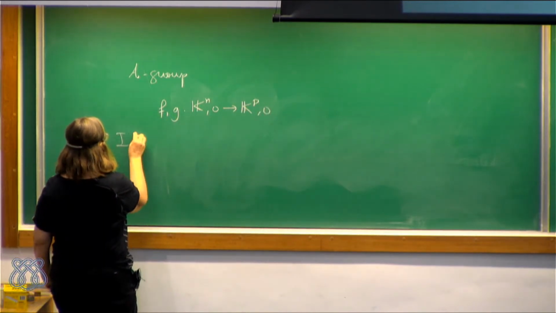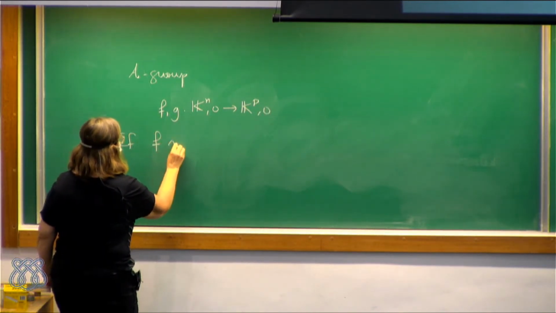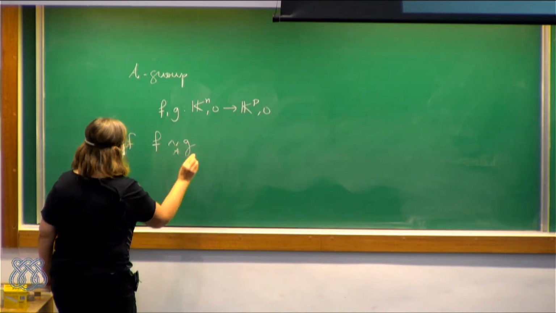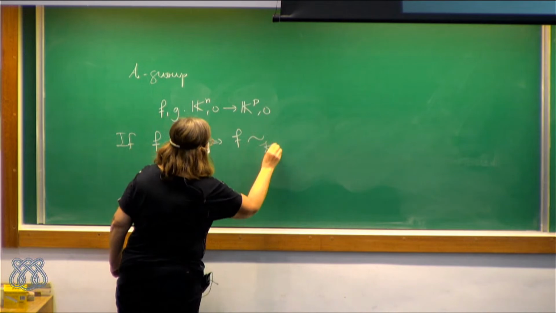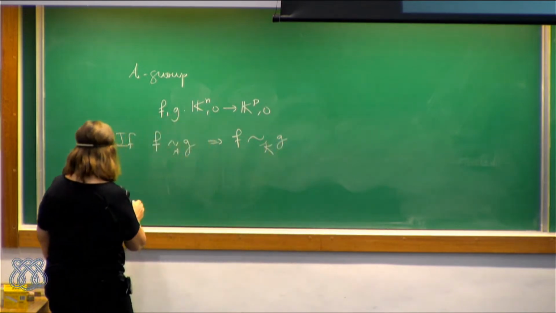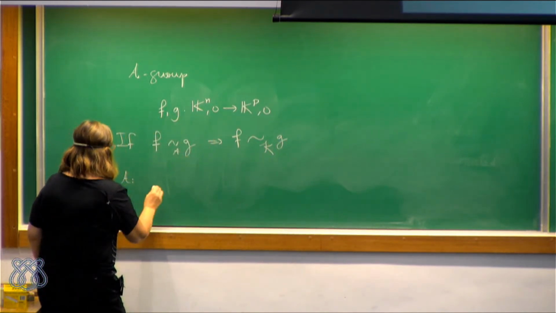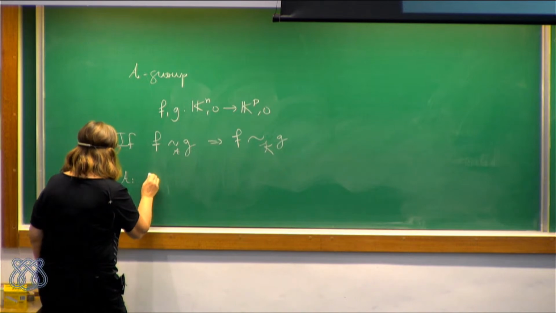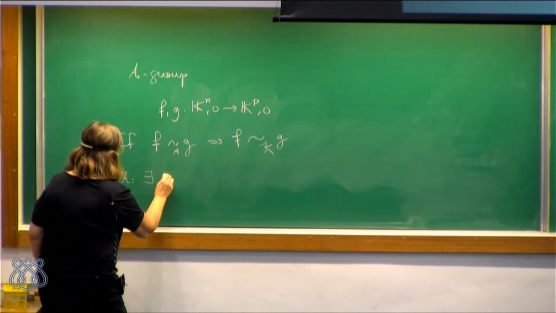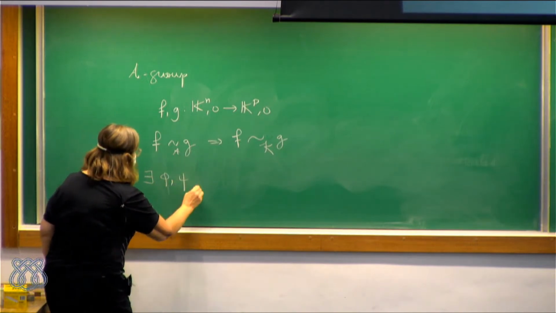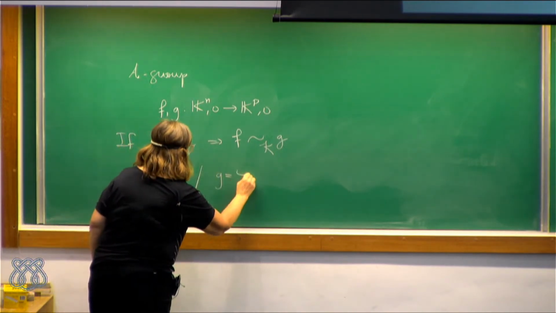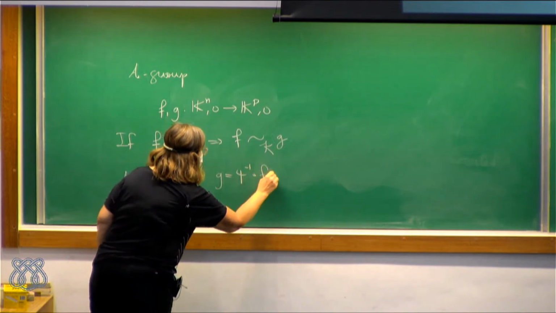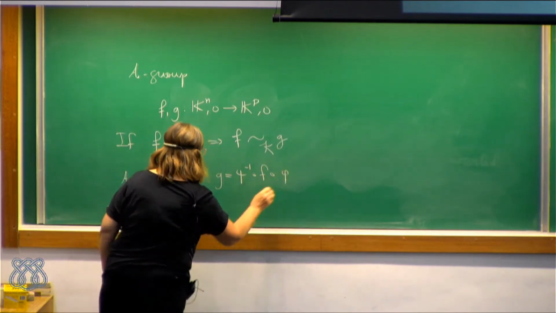If F is A equivalent to G, then F is K equivalent to G. A means we have changes of coordinates in source and target, so that G is psi minus 1 composed with F composed with phi.